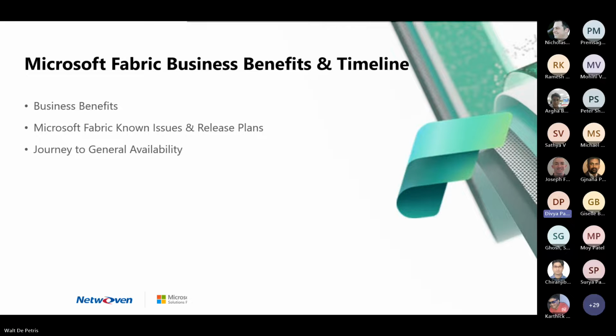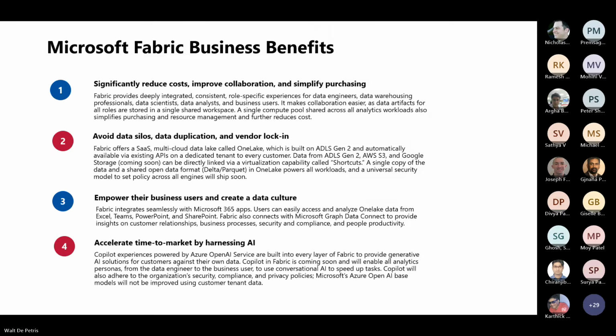As you can see on the slide, from a cost perspective, it really reduces your cost in the long term, because you're not paying for Synapse, ADF, Azure Machine Learning, or Power BI separately.